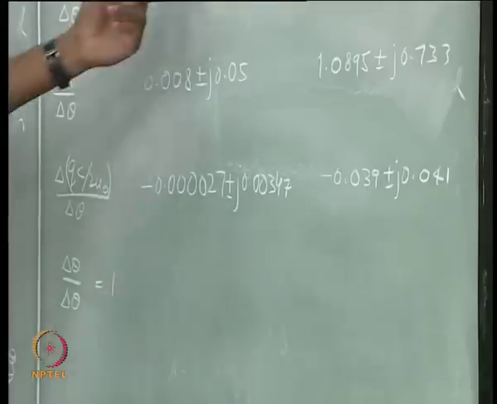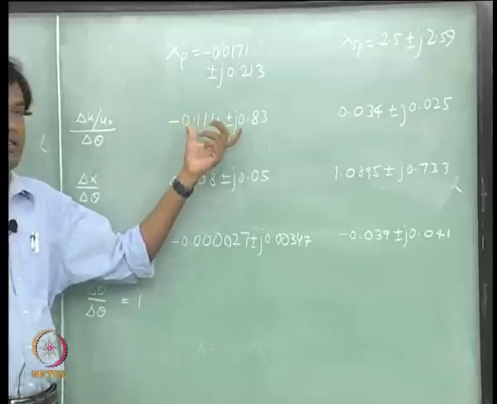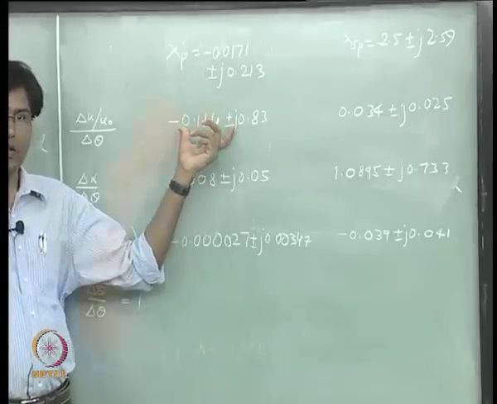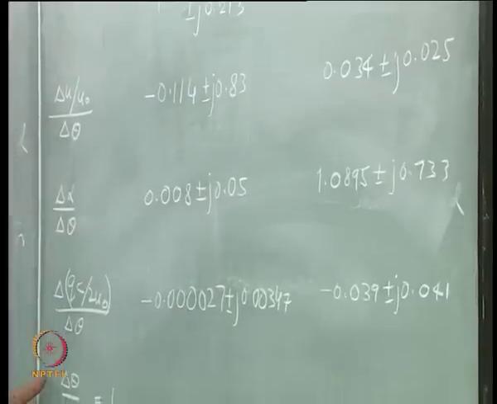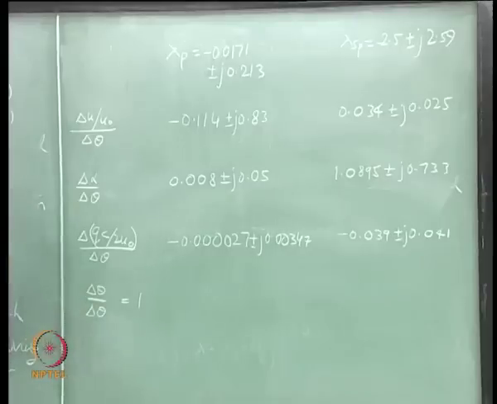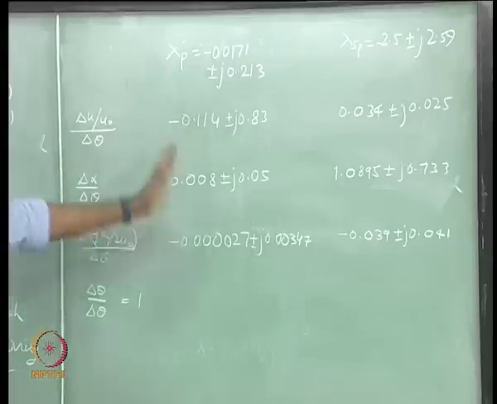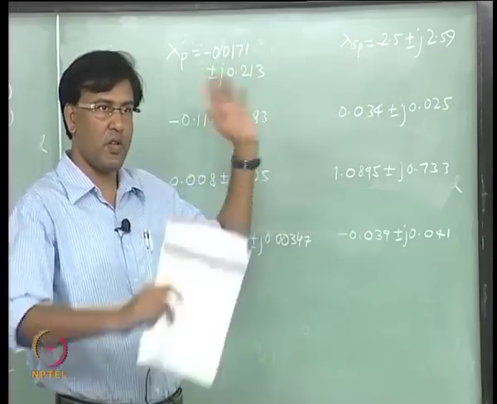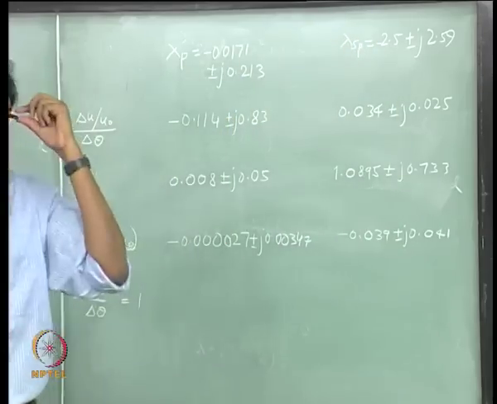Now, look at the magnitude of these quantities, right, with respect to this delta theta, which is of the size 1. Also look at the corresponding values, two different values corresponding to two different modes.